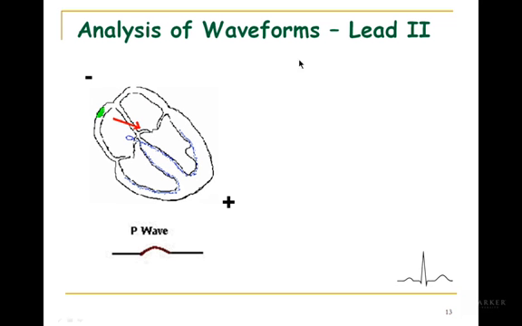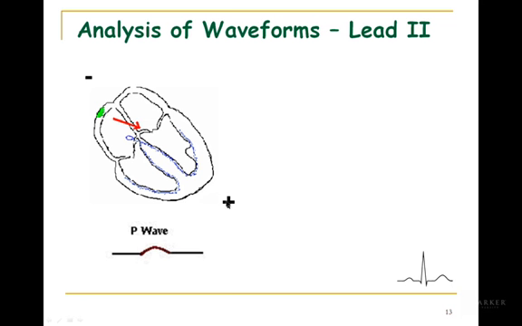You notice it points a little bit to the left, because remember, the left atria is going to take a little bit longer to depolarize, since the electrical impulse originated in the right atria and has to travel over to the left atria. So the vector is always going to be pointed a little bit toward the part of the heart that takes the longest to depolarize. Okay? So we have this arrow pointing down and a little bit to the left.